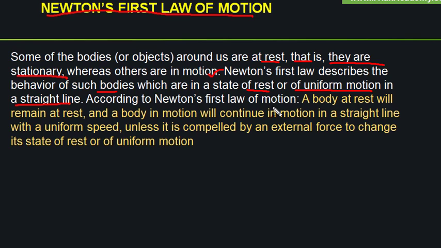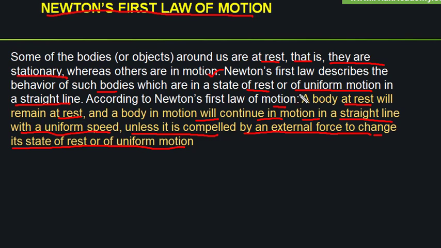According to Newton's first law of motion, a body at rest will remain at rest, and a body in motion will continue in motion in a straight line with a uniform speed, unless it is compelled by an external force to change its state of rest or of uniform motion. This is Newton's first law of motion.